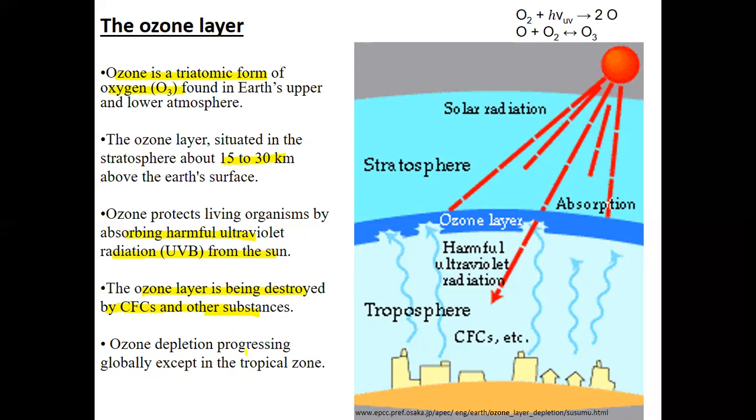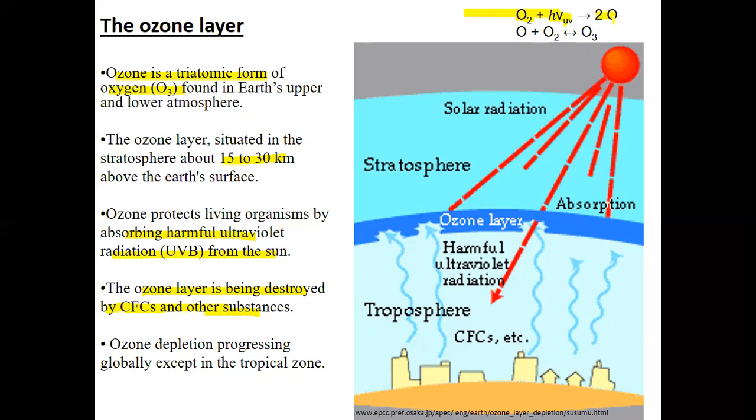The ozone layer, or ozone shield, is a region of the Earth's stratosphere that absorbs most of the sun's ultraviolet radiation. Here you can see in the stratosphere there are oxygen molecules also. These oxygen molecules absorb the sun's ultraviolet radiation and break into two atoms.